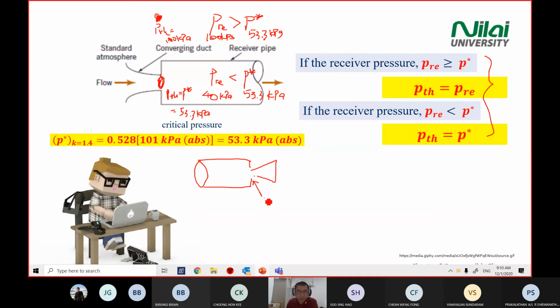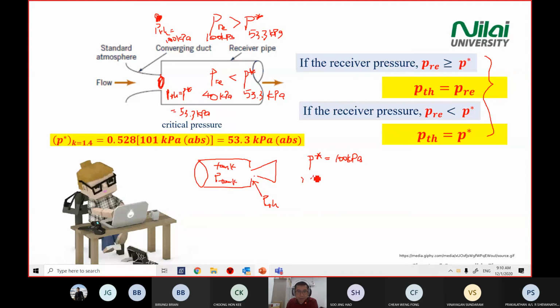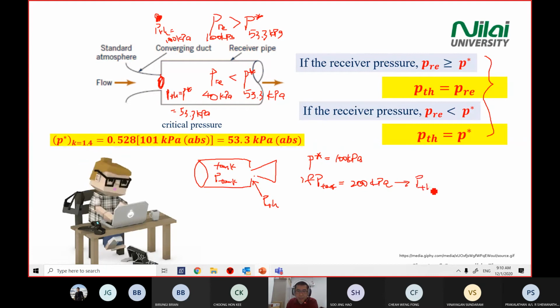I'm going to ask what is the pressure at the throat in this case. Let's say the P star you calculate is 100 kilopascal, and your internal tank pressure, P tank, equals 200 kilopascal. What is the P throat here?